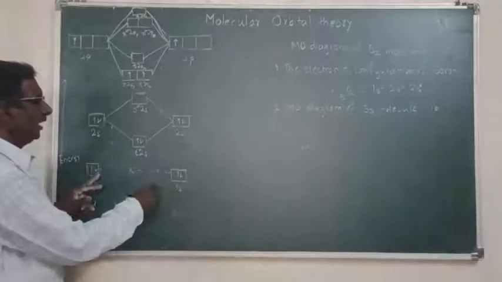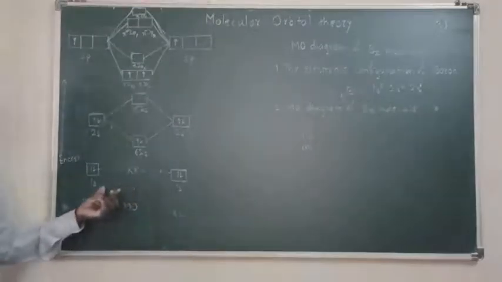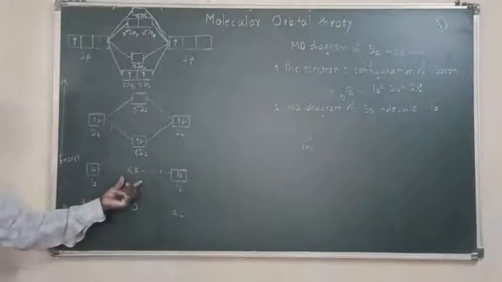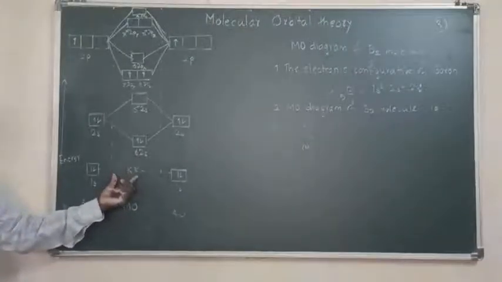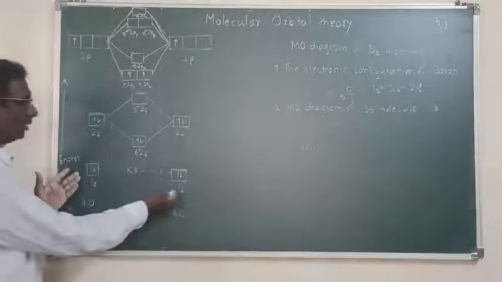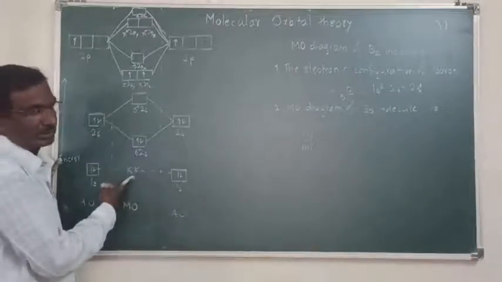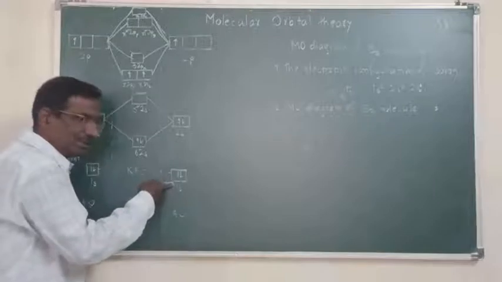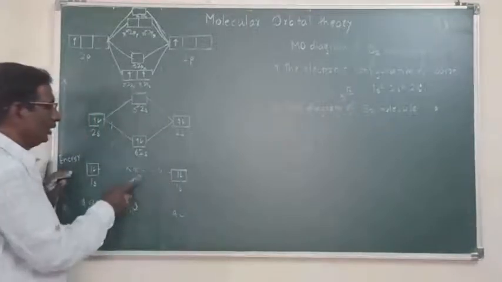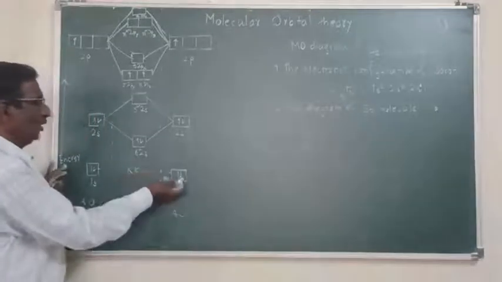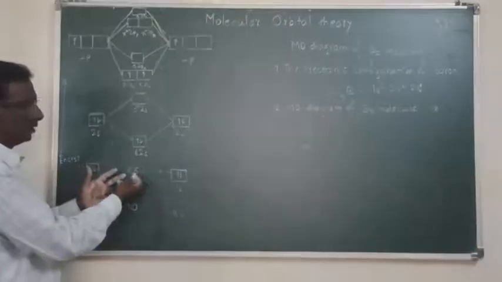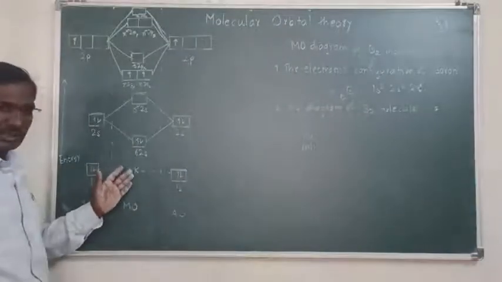Simply, they are transferred to the molecular orbitals, but they remain the same as in atomic orbitals. Its size and shape do not change. Therefore, we can show it like this, KK, or draw these two boxes here, or simply write normally.